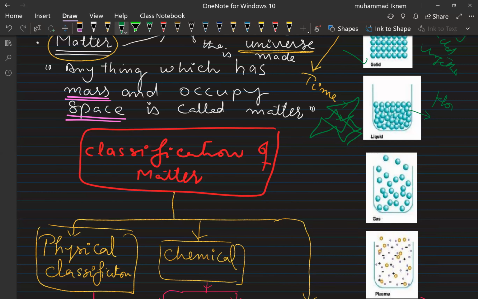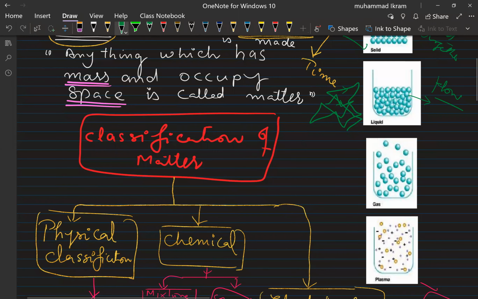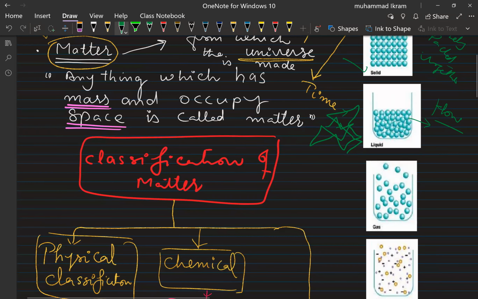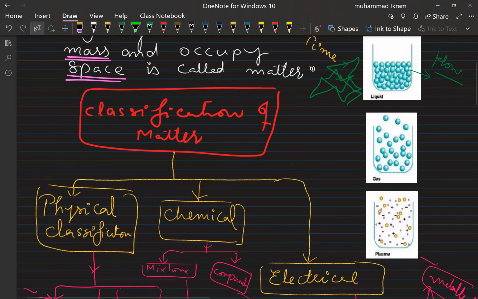A liquid doesn't have its own shape, but takes the shape of whatever container or vessel you put it in, right?